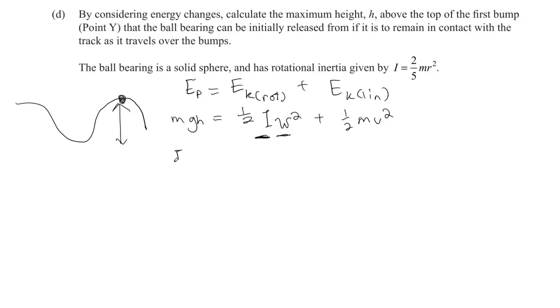So we know that rotational inertia equals 2 over 5 r squared from this equation right here. And we also know from the equation v equals rω that omega equals v over r. So we're going to plug these into our equation like so.